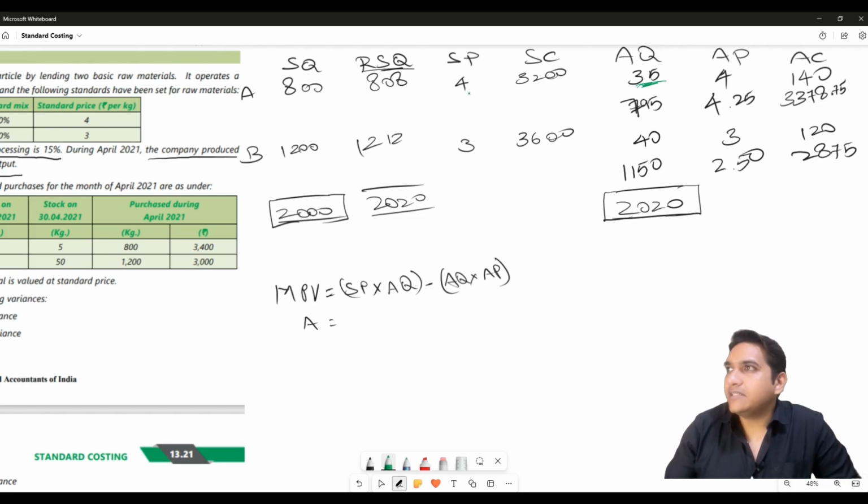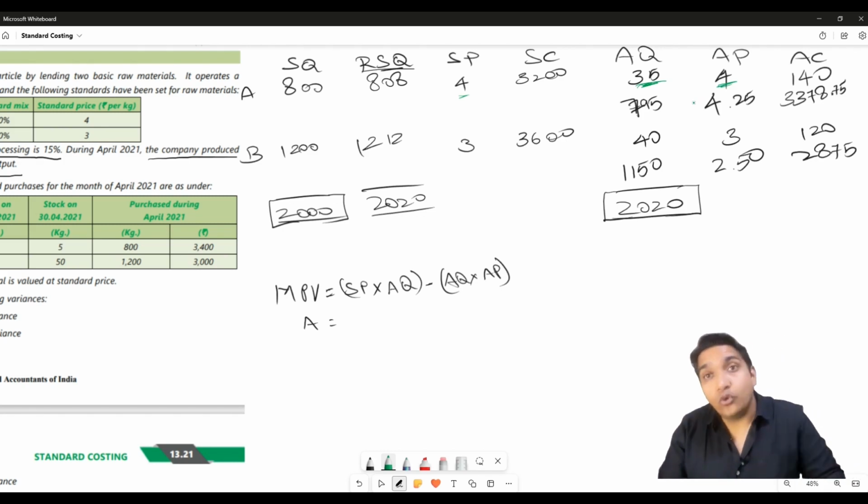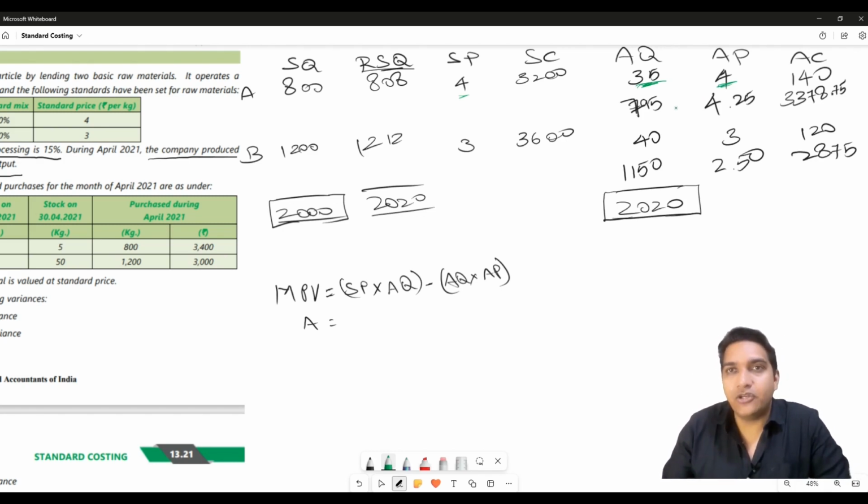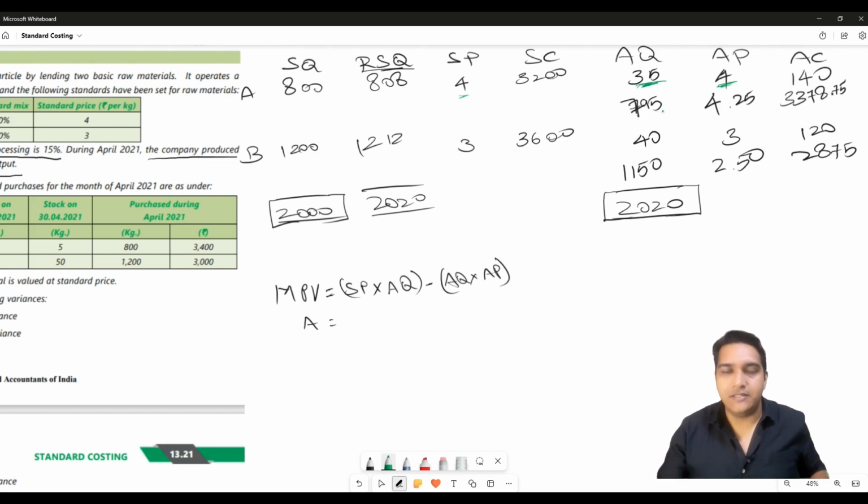Standard price for this is 4, and the actual price is also 4. Since there is no difference between standard price and actual price, we need not compute the variance there, because there is not going to be any price variance. Remember, not the quantity variance, not the usage variance, price variance. There is not going to be any variance due to price, because the standard price and the actual price are the same.